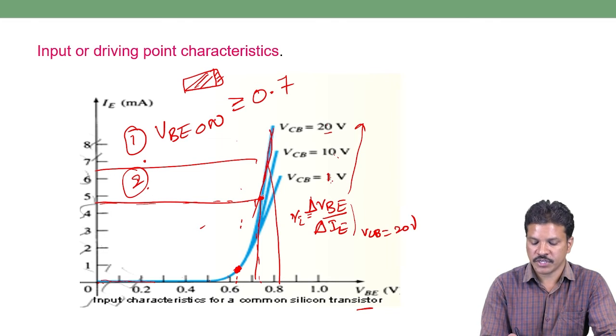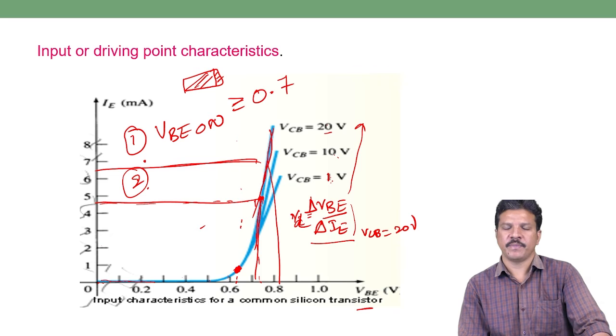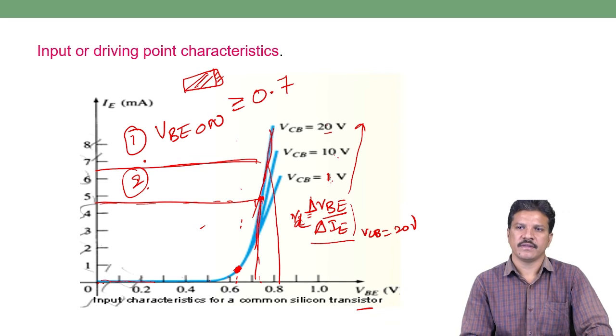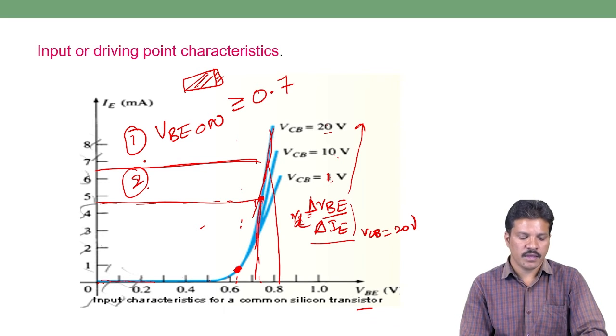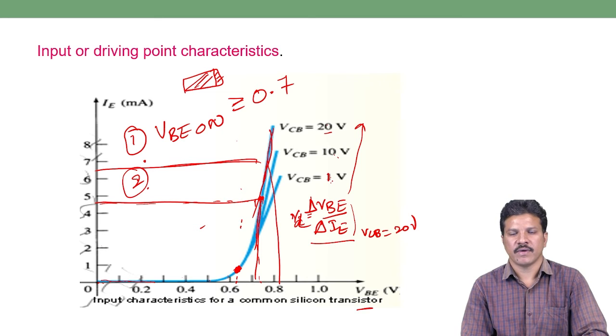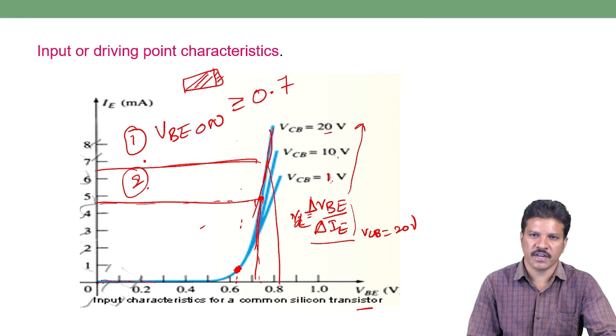Change in voltage by change in current is called the dynamic resistance. This resistance is very low in the emitter base junction because it is forward biased. So a low input resistance is observed in the common base configuration.